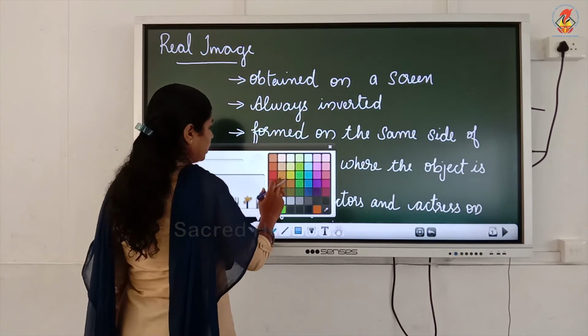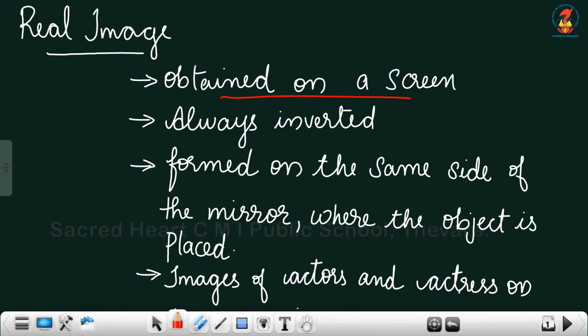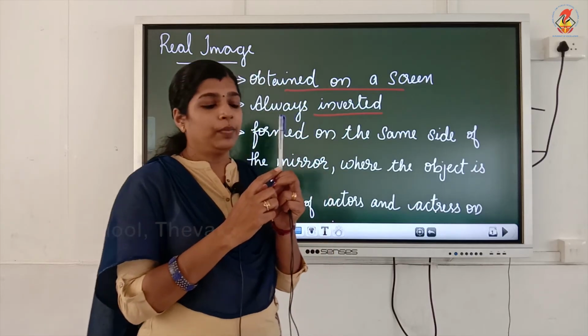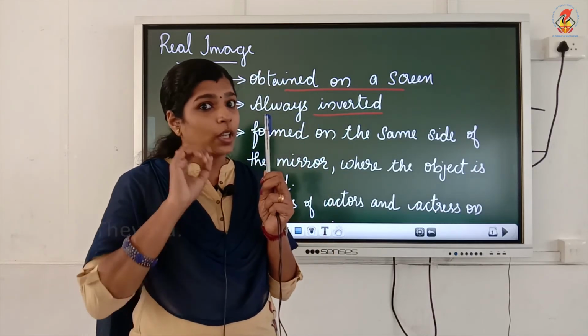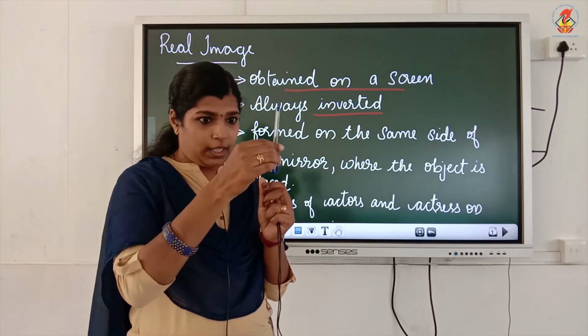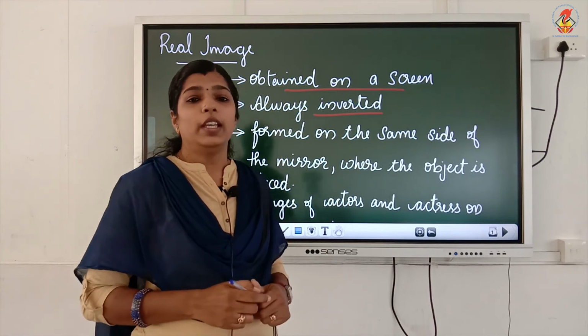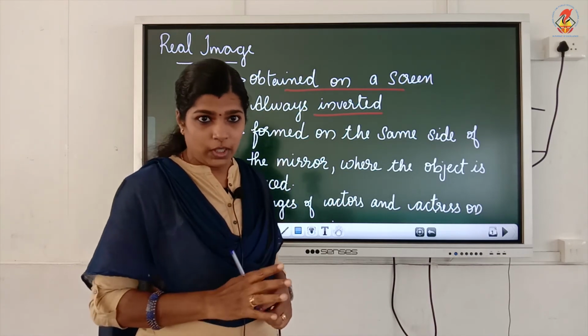It is always inverted. If you are able to produce a real image of this pen, then you will get the image like this, inverted one. So a real image is always inverted.